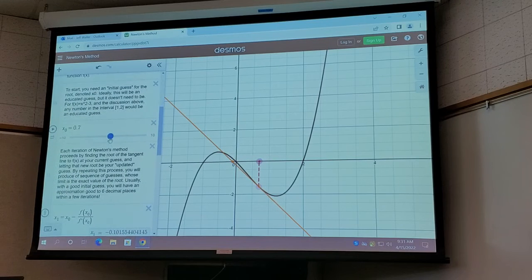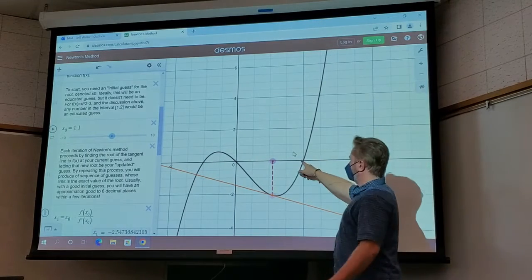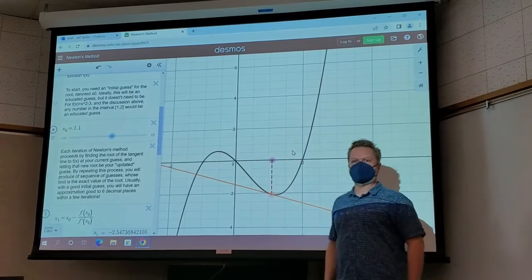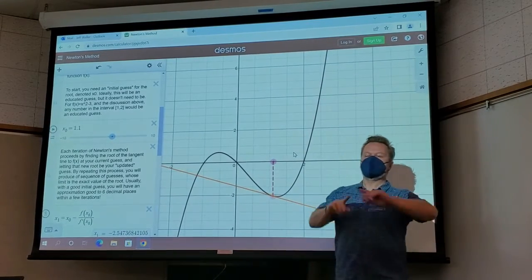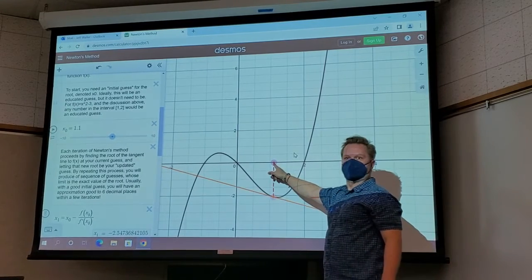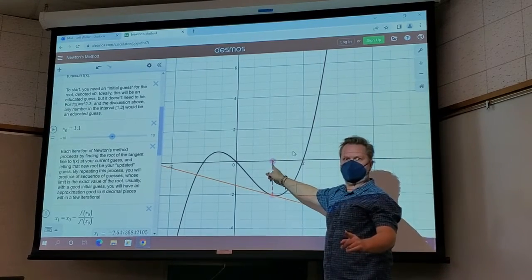There, that's more than halfway towards this root, yes? But is that a good guess? No. So here's the idea. Here's my x1. This is my first guess.